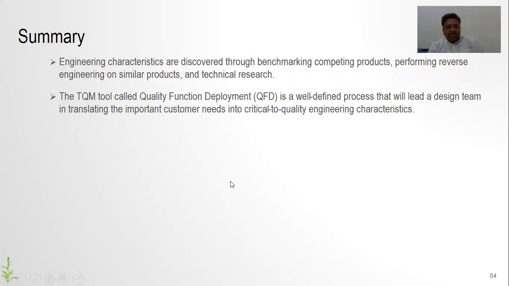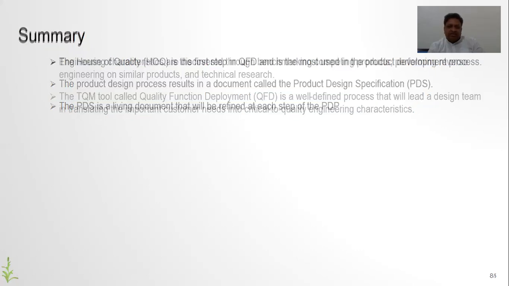Summary: engineering characteristics are discovered through benchmarking competing products, performing reverse engineering on similar products, and technical research. The TQM tool called quality function deployment is a well-defined process that will lead a design team in translating the important customer needs into critical-to-quality engineering characteristics.